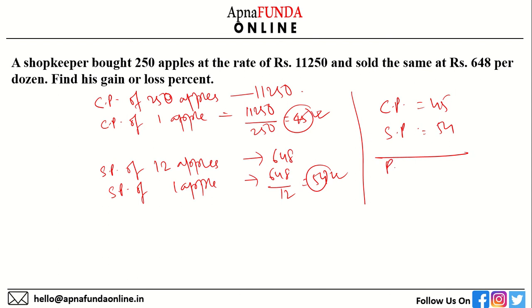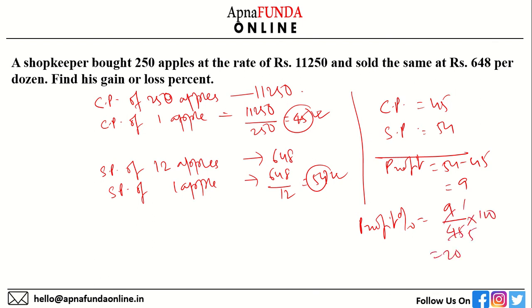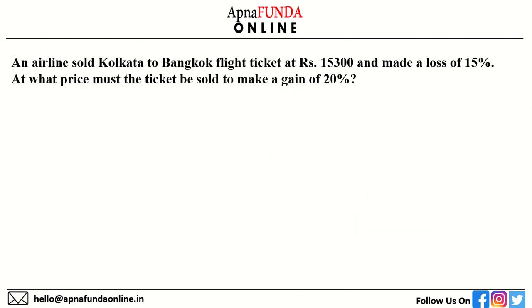This is a situation of profit, which is 54 minus 45, which is 9. So profit percent is equal to 9 by 45 into 100. Profit is 20%. I hope you have solved along with me, and this is the answer you will get.